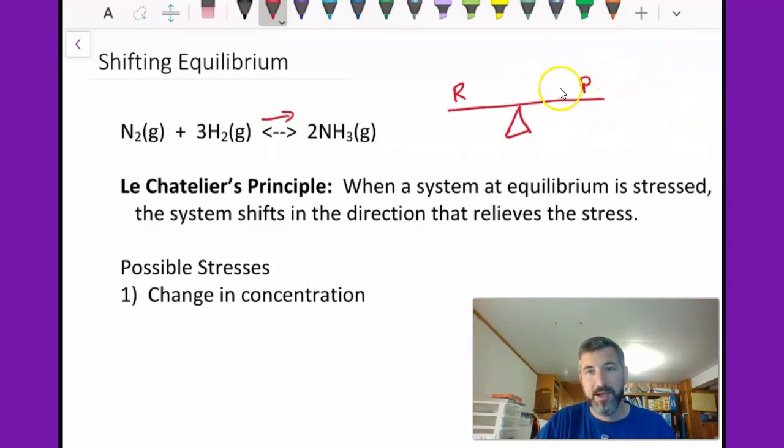The reaction would then naturally shift backwards to try to create more reactants to balance out that seesaw. So that's one way to think about how Le Chatelier's principle works. Just imagine that seesaw. If you put more of something on one side, the reaction is going to shift away to use it up, or you could say a way to balance out the seesaw by making more of the stuff on the other side.